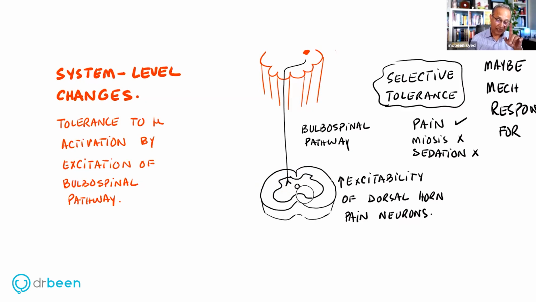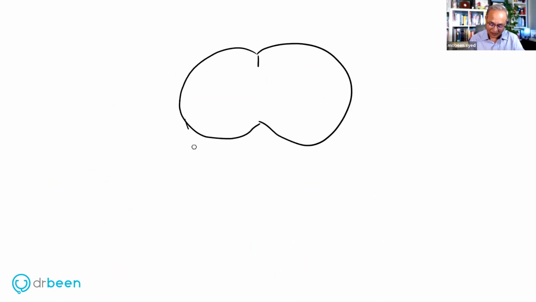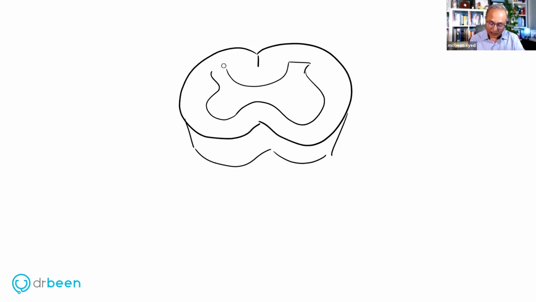Now think about it, this is a very important thing. I want to make a little diagram here to explain it more. Let's say this is a spinal cord. This is my way of drawing the spinal cord. In the substantia gelatinosa, or the dorsal horn, laminae 1, 4, and 5, the pain fibers come in and relay.